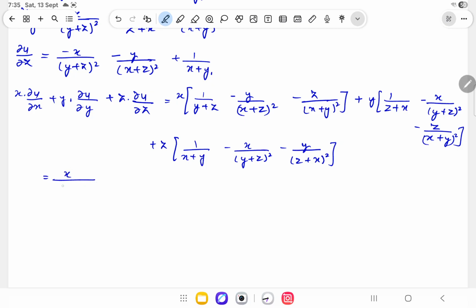So it will be x by (y plus z), I'm taking this and this common, plus y upon (z plus x) plus z upon (x plus y).